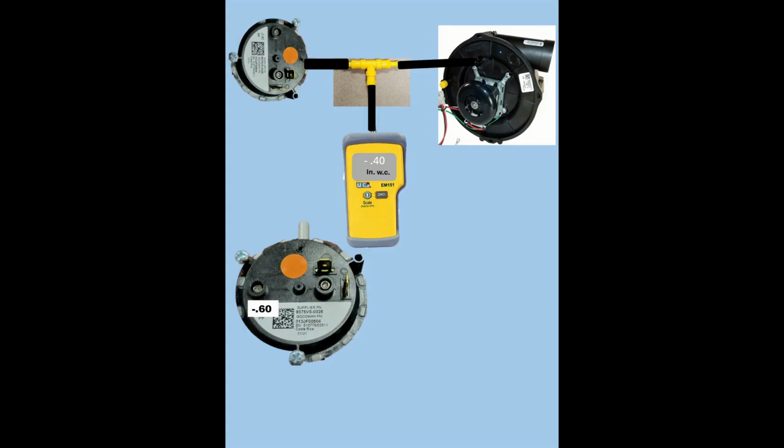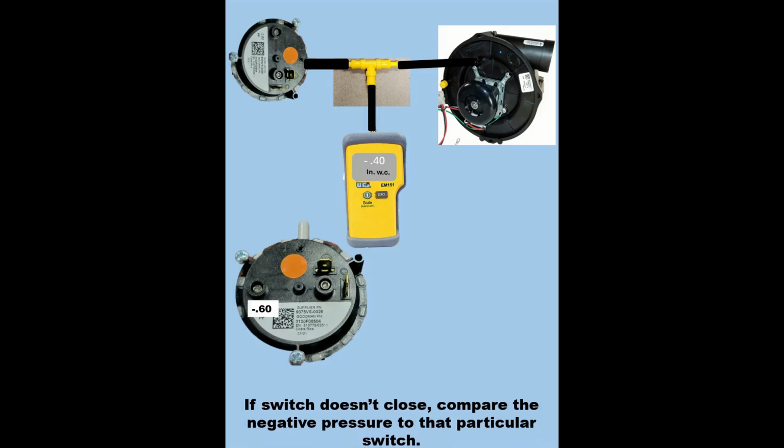Anything less than that, it will open at. But you should have 10 to 20% more vacuum pressure at that pressure switch. If everything's operating correctly, you would see that. And if the switch doesn't close, compare it to that to see what you have versus what it needs.